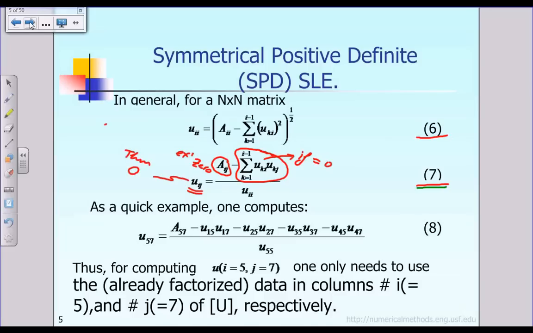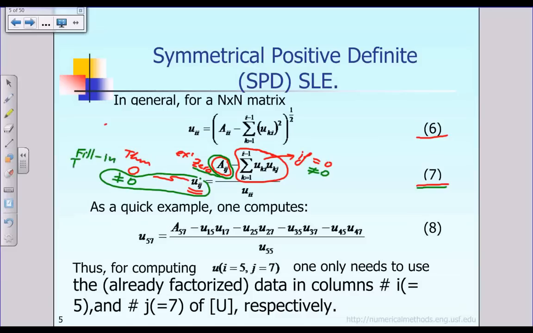On the other hand, if this summation is not equal to 0, then even though the original value a_ij is 0, the factorized term u_ij will not be equal to 0. When the original value of a_ij is 0 but the u_ij term is not 0, we say we have the so-called fill-in term.